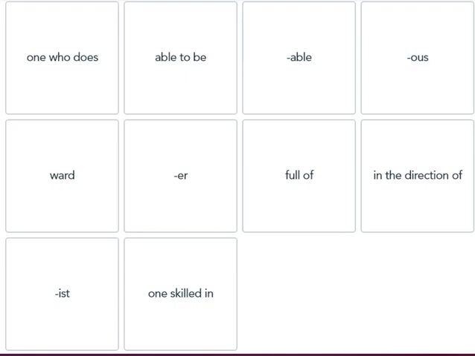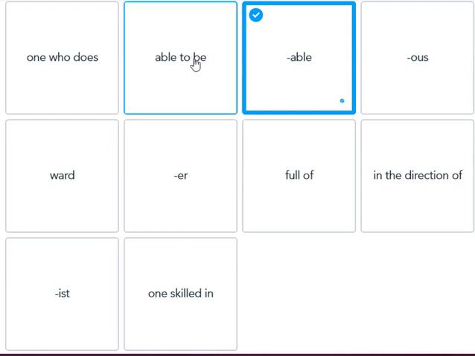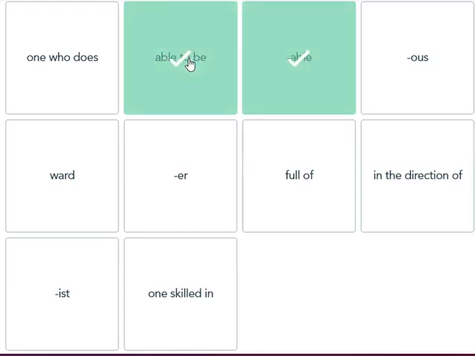So I know from the video earlier that the suffix able, the definition is able to be, right? Now, I know full of would definitely match. Let's leave that one for a minute. I think I'm going to do that one with another one.